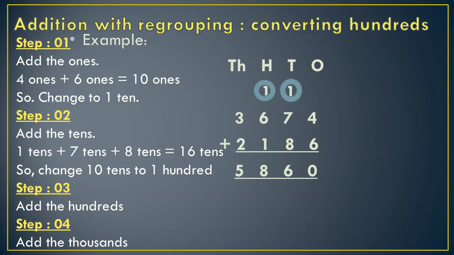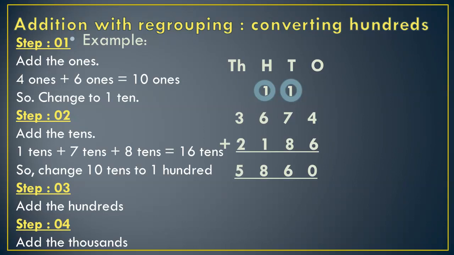Next one is addition with regrouping, converting hundreds. For example, there is 3674 plus 2186. So step number 1 is add the ones. 4 plus 6 is equal to 10.